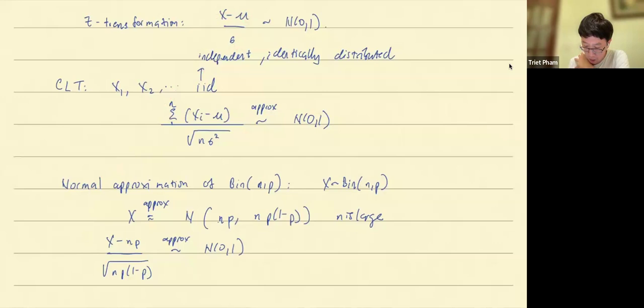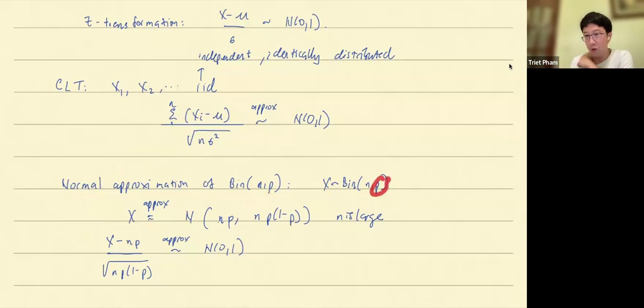So what else do I want to tell you here? Be careful, right? There is another approximation of the binomial, which is the Poisson approximation, that we talked about in the discrete random variable case. The Poisson approximation works when P is really small, P is close to 0. This, in principle, should work for P not close to 0. This is not for a rare event.